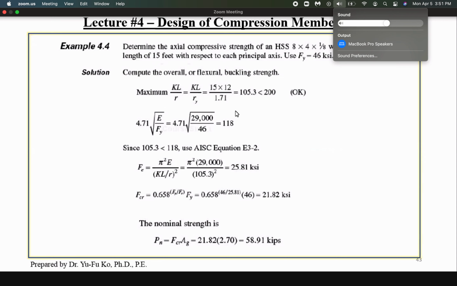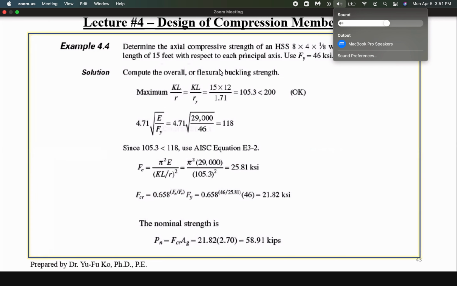Fy is 46 ksi. So the first step is to consider the global flexural buckling strength. You need to calculate the maximum slenderness ratio based on the minimum radius of gyration.